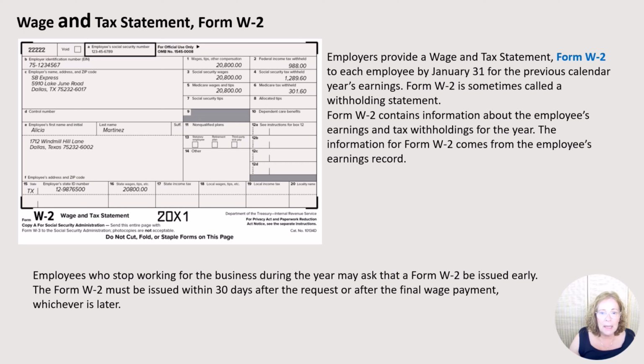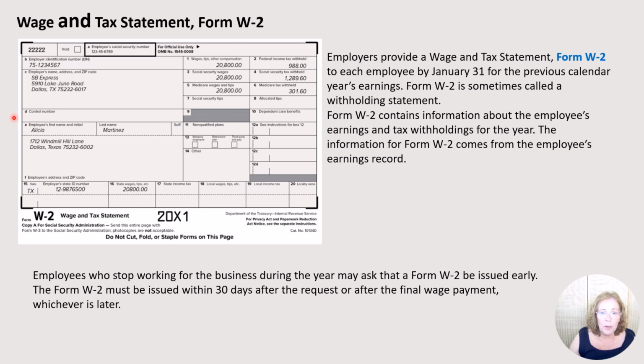Box A is for the employee's Social Security number, and Box B is the employer's identification number, followed by the employer's name and address in Box C. Box D contains a control number, which is often filled in by payroll companies to allow tax preparation software like TurboTax to connect to the payroll company electronically to download the Form W-2 information rather than having you type the Form W-2 information into the software program.